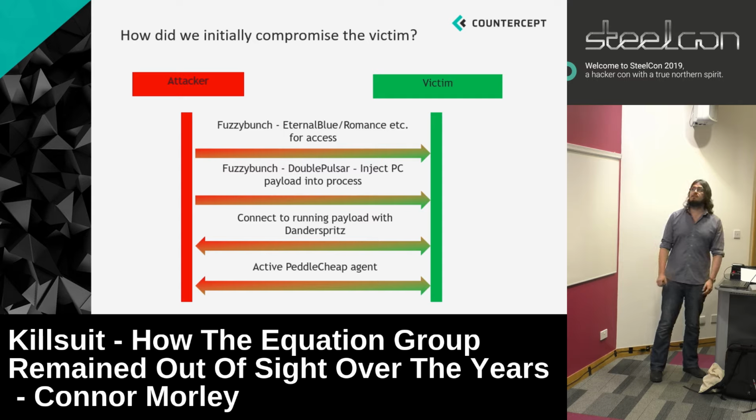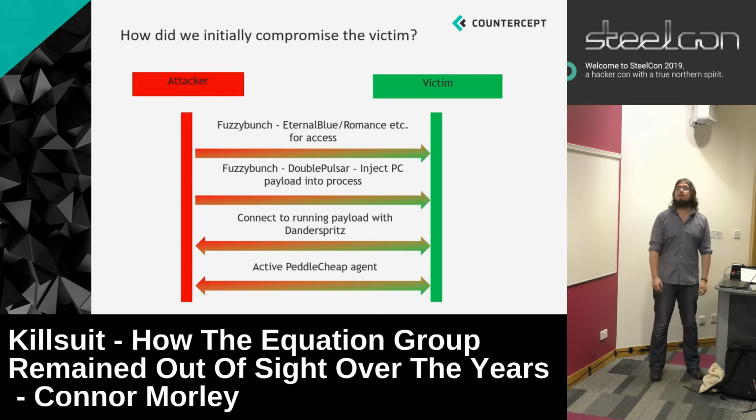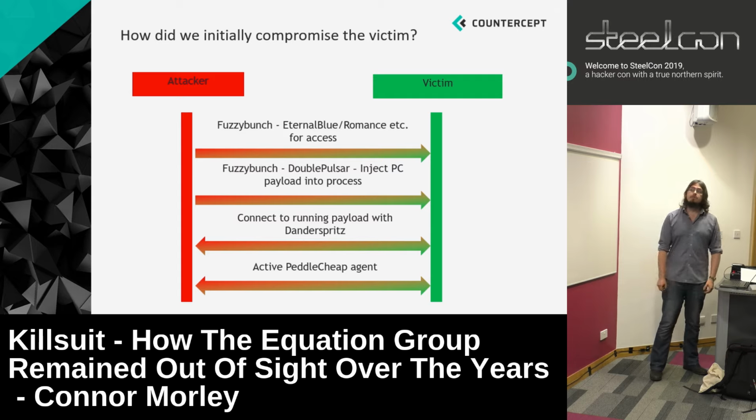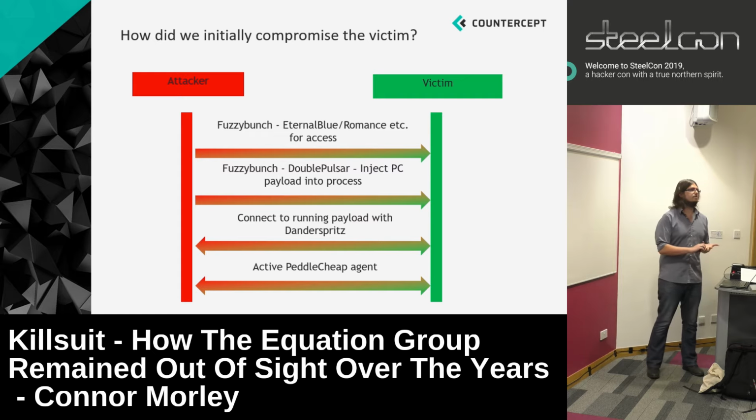So we've built this little table. The attacker will use one of FuzzBunch's exploits, EternalBlue, that everyone knows, EternalRomance, and so forth, to get a foothold on the victim. It will then use DoublePulsar to inject a DLL PeddleCheap payload into an active process. Standardly, this is LSASS. However, the operator can decide which process they want to inject into. We used calculator because it was much easier to filter through.